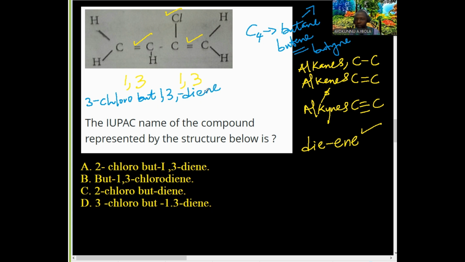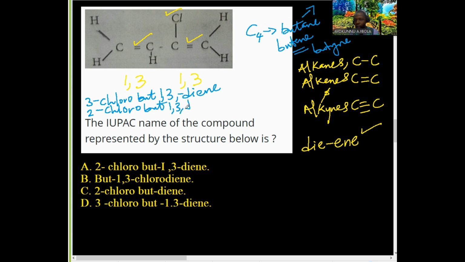But we are not done. Let us now look at the other way around to count the chlorine. If you count it from the other side, we will have 2 chloro, yes or no? As in on the second carbon, one, two. That's where the chlorine is. So 2 chloro, the same but 1, 3 diene.